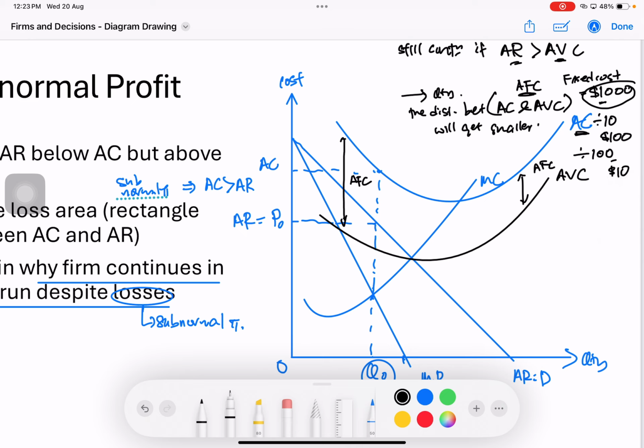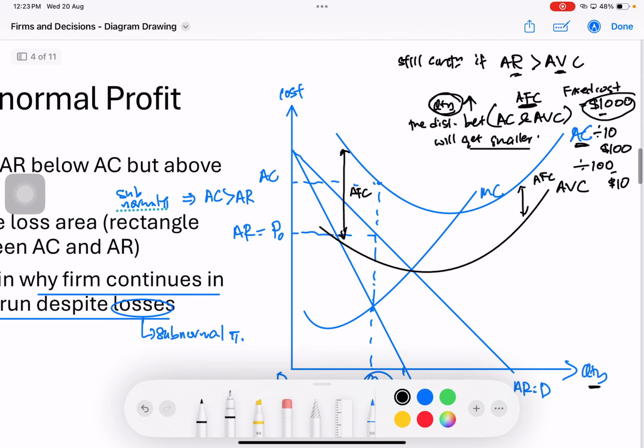So which is why as the distance or the quantity increases, the distance, which is your AFC, will get smaller. Okay, that's the logic. So which is why when I draw the diagram, I make sure that the distance between AC and AVC will get narrower towards higher output level. Okay, but this is actually just the drawing part.